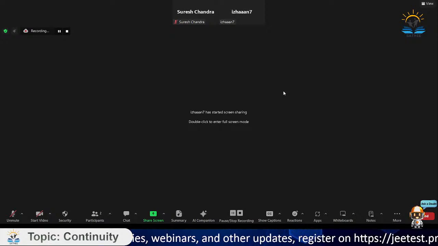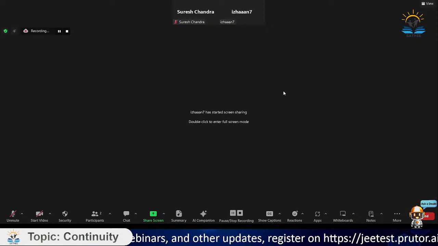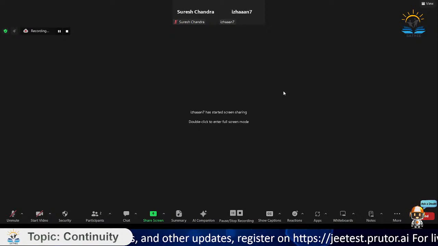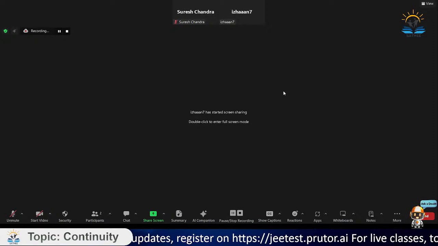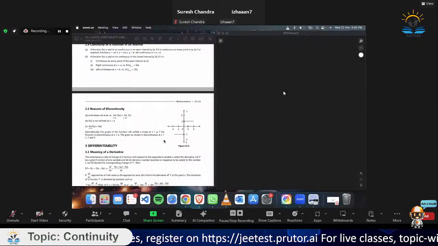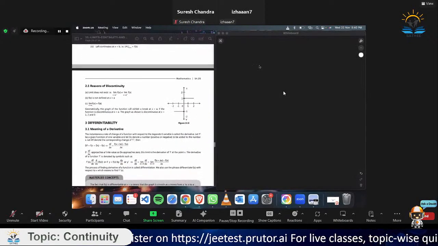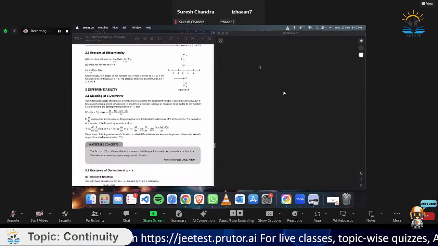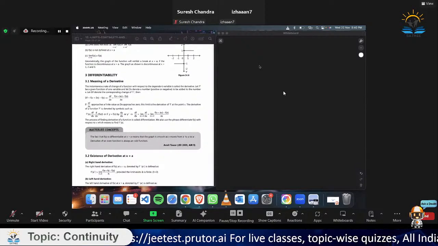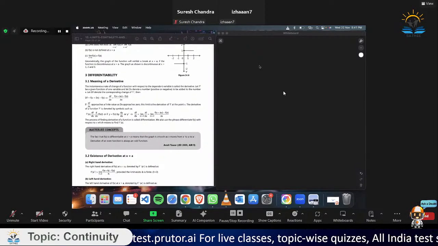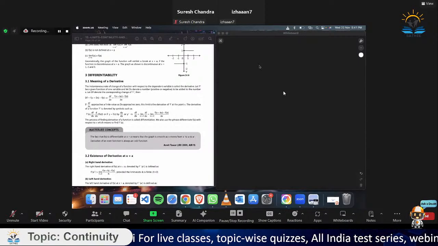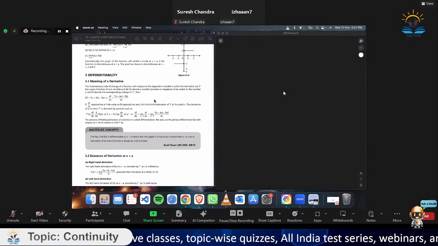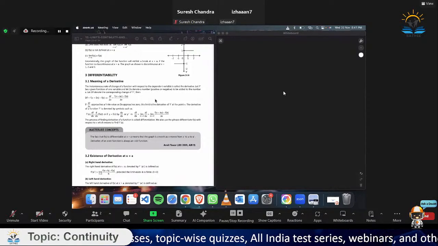Now, moving on to differentiability. Right. So, first of all, what do you mean by differentiability? What do we mean by differentiability or a derivative of something?